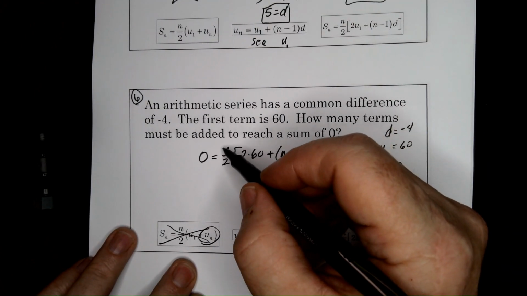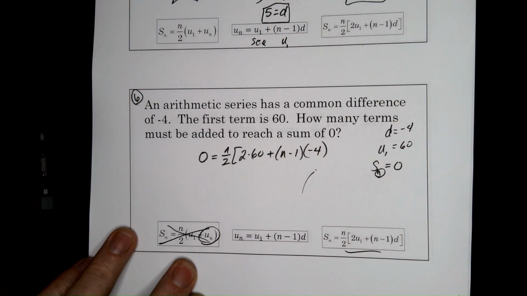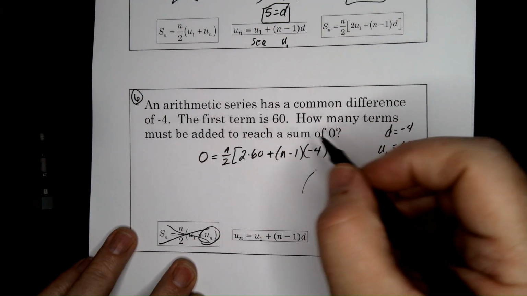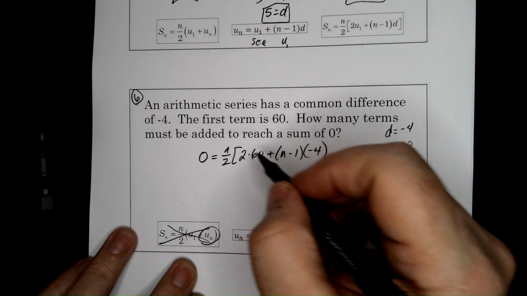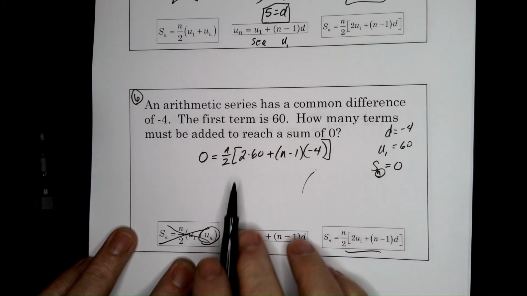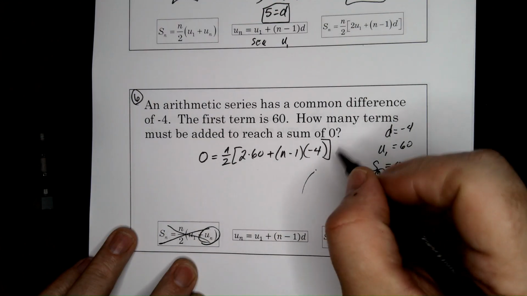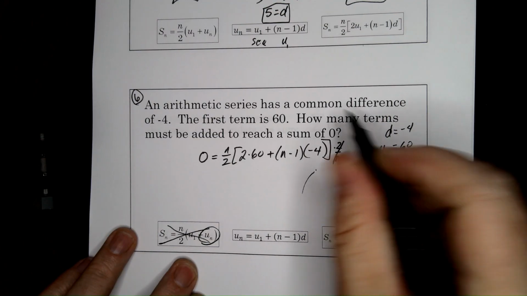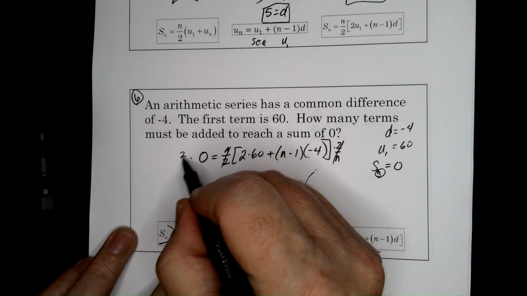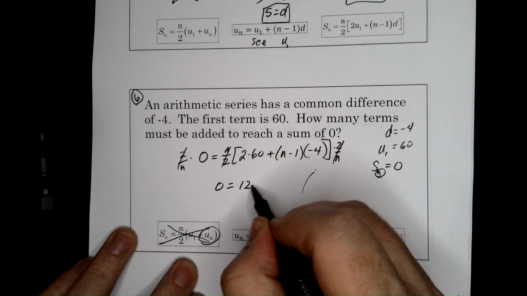Right away, we could multiply both sides by N over 2 because it's equal to 0 over here, and it would just go away. Or by 2 over N, the reciprocal, right? Because this whole thing right here is all being multiplied. So if I multiply both sides by 2 over N, these two things would cancel, and if I multiply this by 2 over N, then that's just 0. So 120, right?